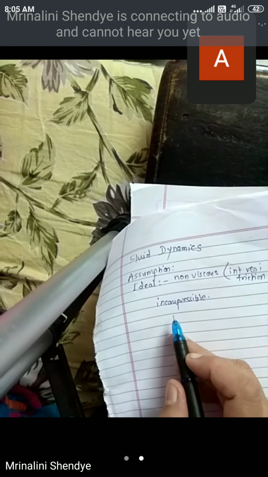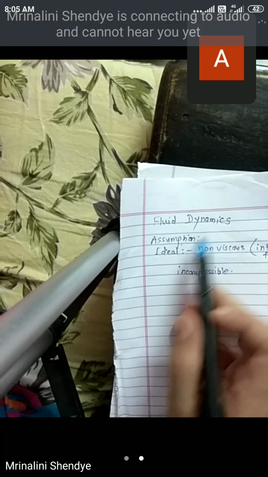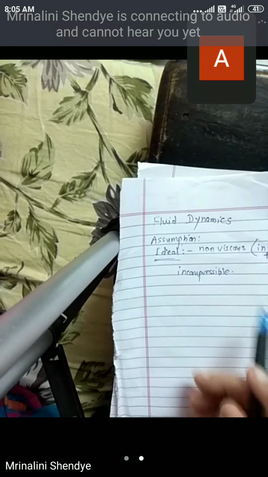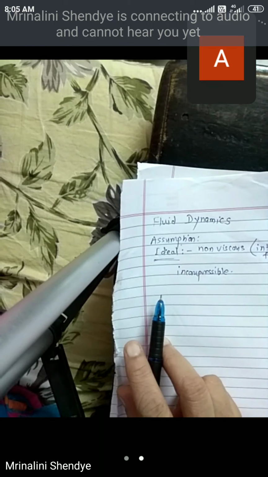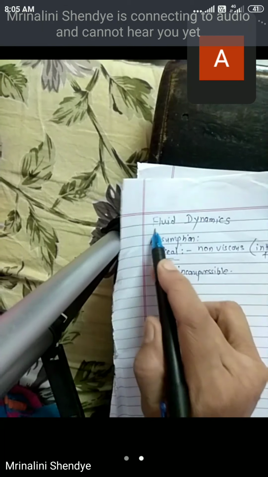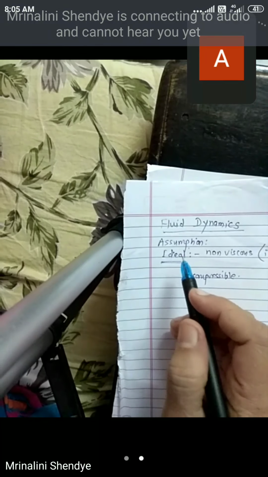So such fluid is called ideal fluid, and for theory purposes we assume the fluid which is flowing to be an ideal one. With this assumption, we'll proceed further to study fluid dynamics in today's meet.